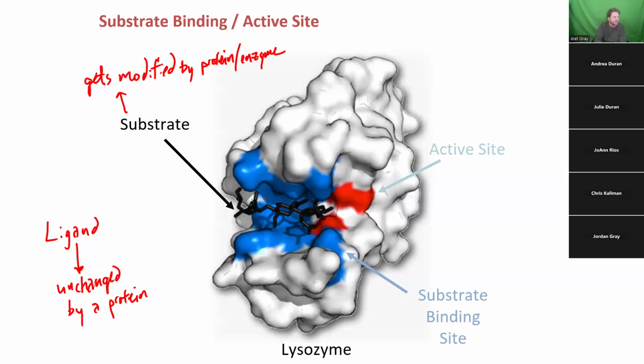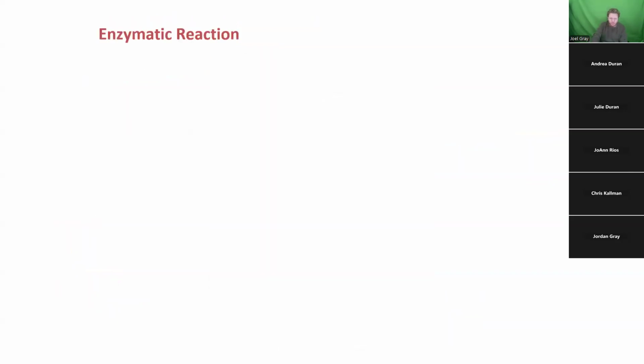I highlight these because certain important amino acids are found here. And those amino acids are unique because they are able to help make or break a bond with that substrate or on that substrate.